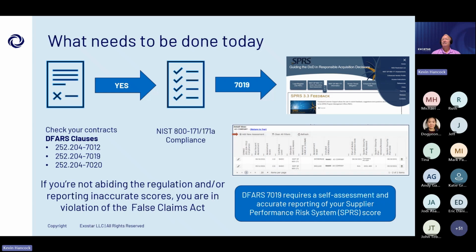So your current DFARS contracts or the subcontracts you've signed also contain DFARS clauses. And if they contain clauses around controlled unclassified information, and those are the clauses you see here on the slide, the 7012, the 7019, 7020, etc., those clauses required you to protect controlled unclassified information in accordance with NIST 800-171.